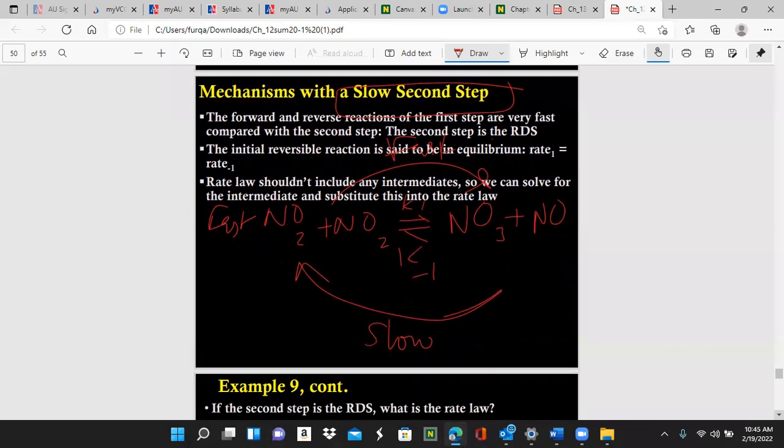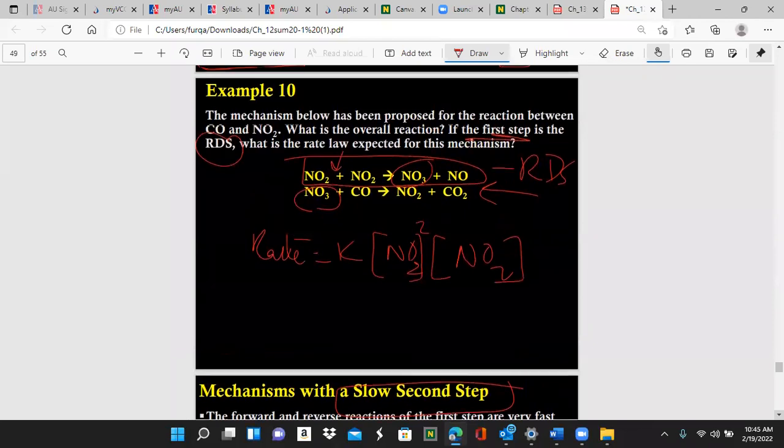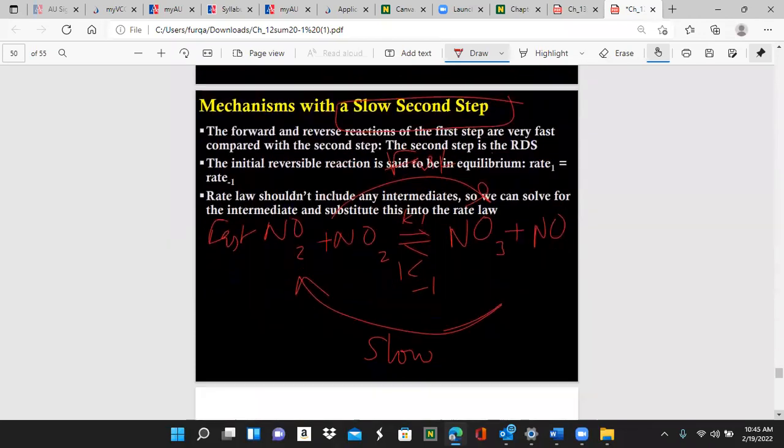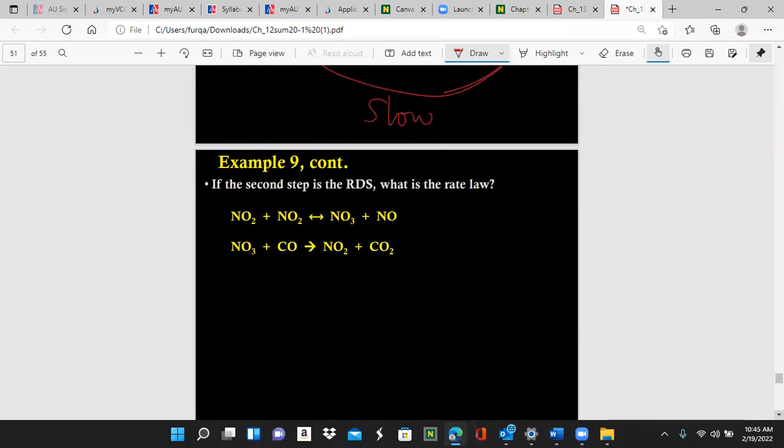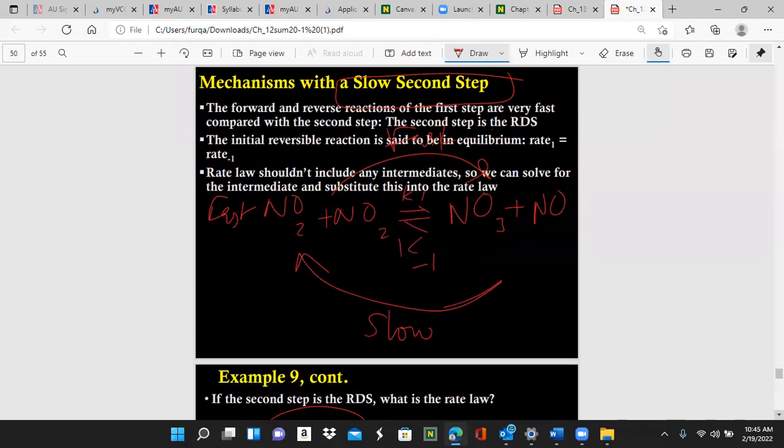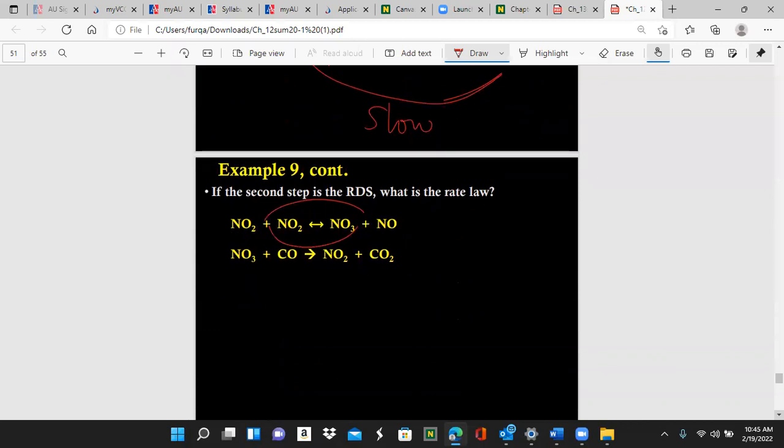And if we are looking at the second equation here, which is actually the rate determining step, there's going to be a K1 and a K inverse for this. So we can write down two rate expressions, like K expressions, for that.